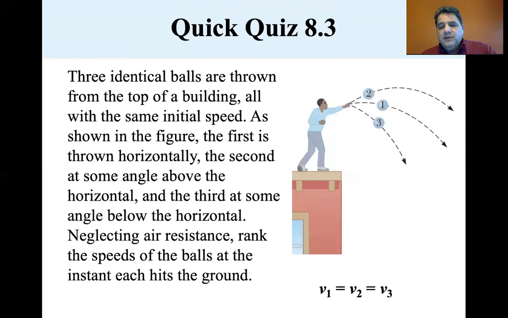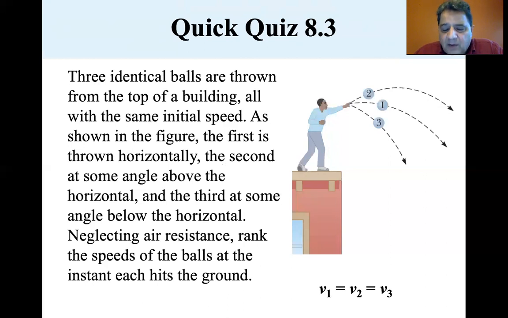Now, the first and the third ball speed up after they are thrown, whereas the second ball initially slows down because it has an initial vertical velocity. It slows down, but then it speeds up after reaching its peak. The path of all 3 balls is a parabola, and the balls take different times. They're not all going to land at the same time, and they all have different initial velocities.